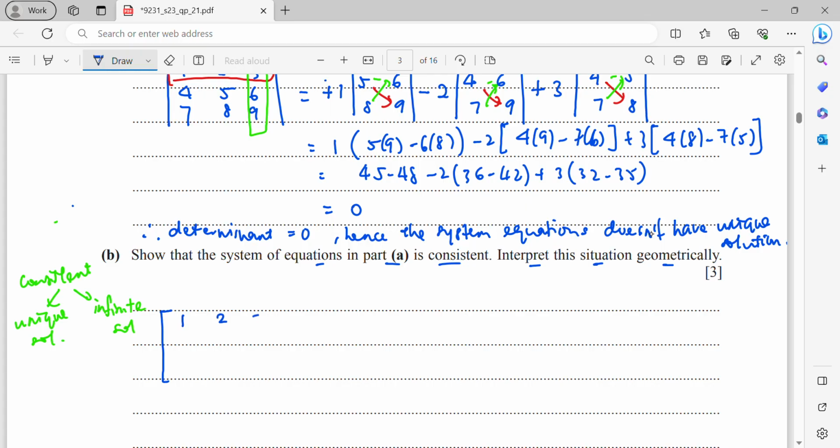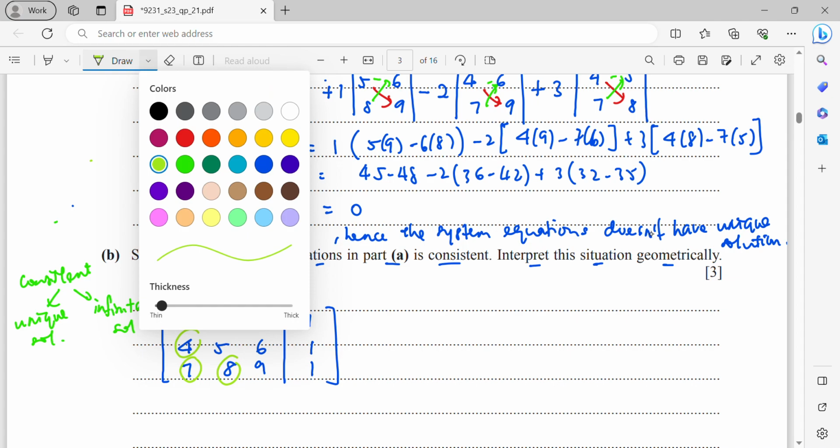So 1, 2, 3, then 1; 4, 5, 6, 1; then 7, 8, 9, also 1. According to the elementary row operation, we need to try to get the zeros here.